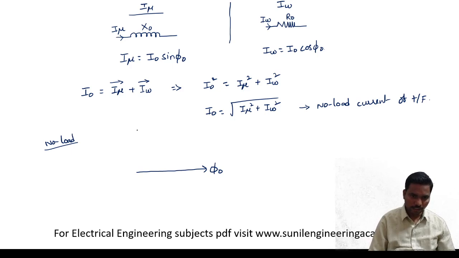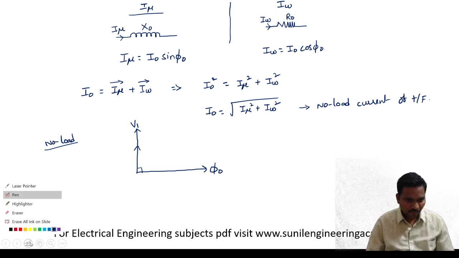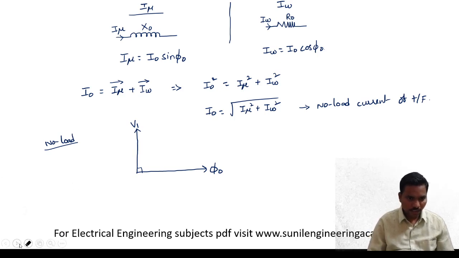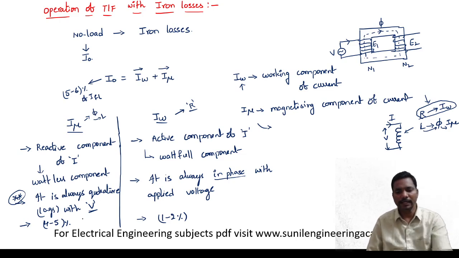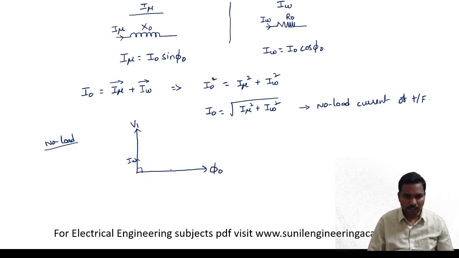Here the voltage is always leading by 90 degrees. Wherever there is a voltage, IW is in phase with the voltage. And what about I mu? I mu is in quadrature, that is, lags 90 degrees with respect to the voltage.